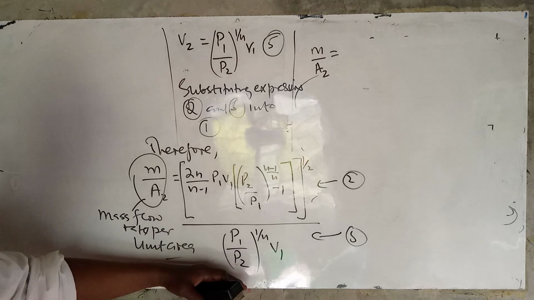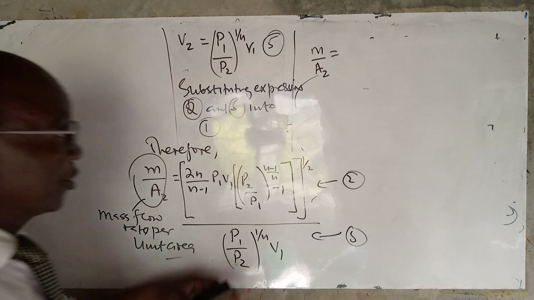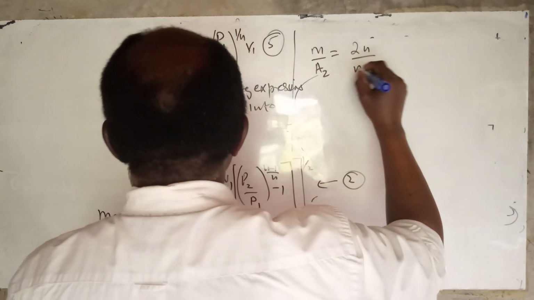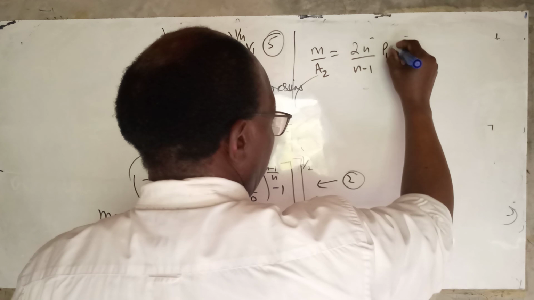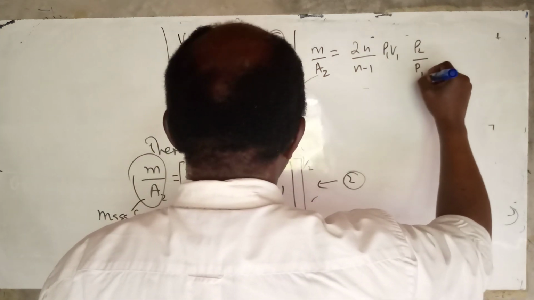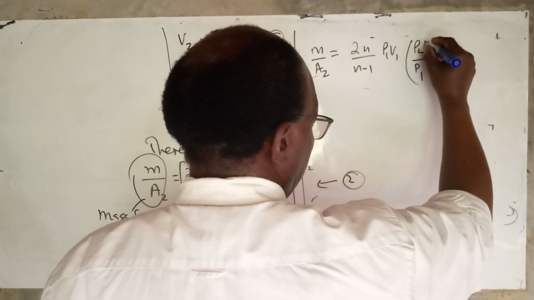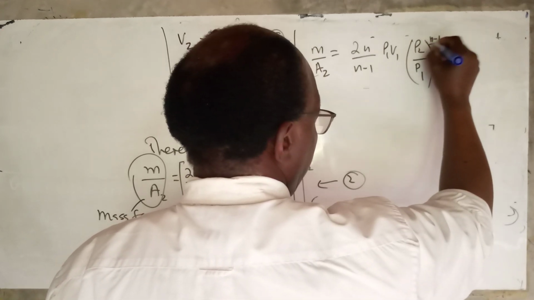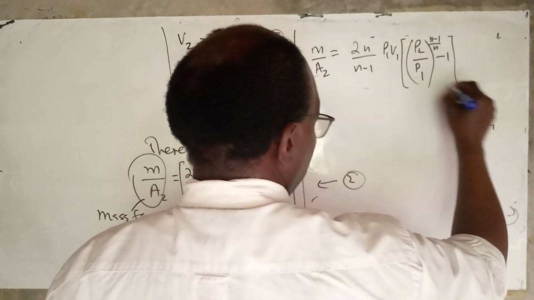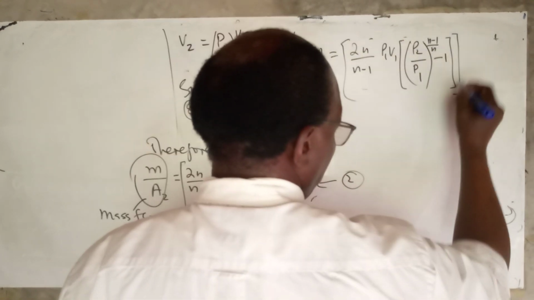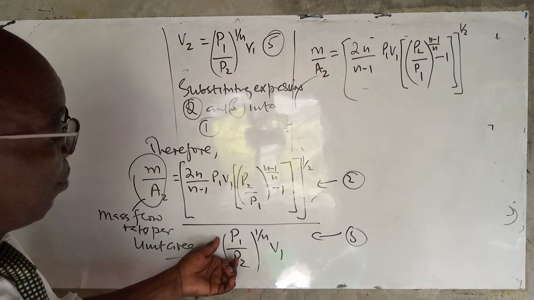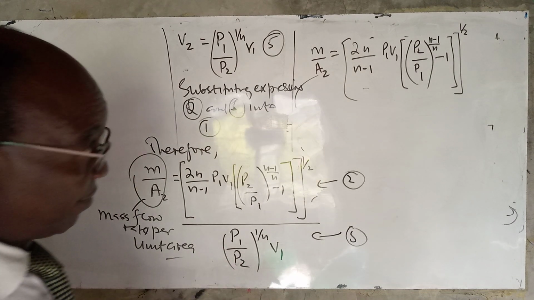Now, to consolidate these quantities, we have 2n over n minus 1 P1 V1 into P2 over P1 to the power n minus 1 over n, square root, times, when we take this up, of course, we will invert that fraction there.